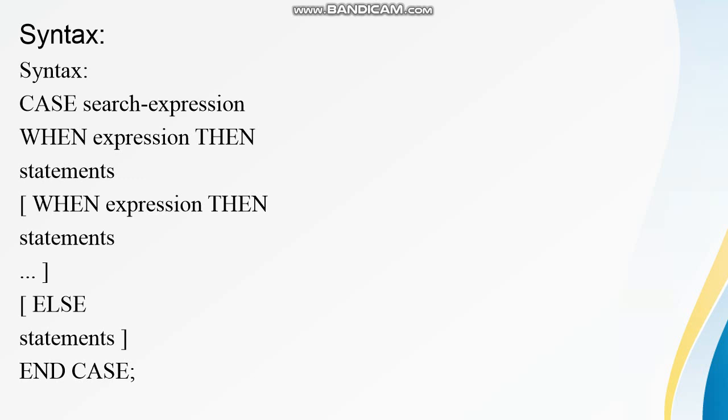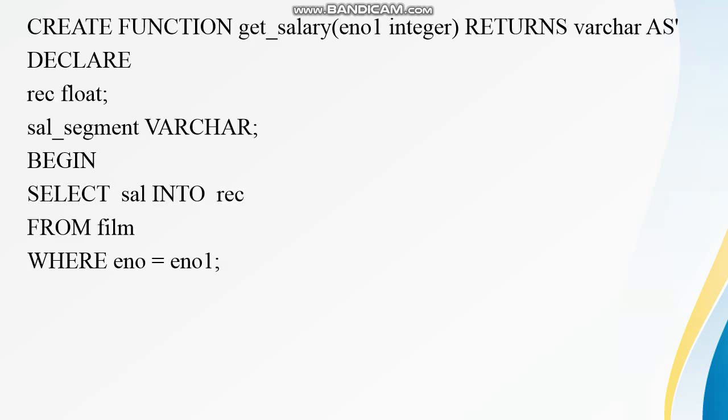If not, the second WHEN is checked. If none of the matches is found, then the ELSE statement is executed. And this is END CASE: the CASE keyword is used to begin, and END CASE is used to end the CASE. This is the example I have taken, and I am going to execute it and show it to you.